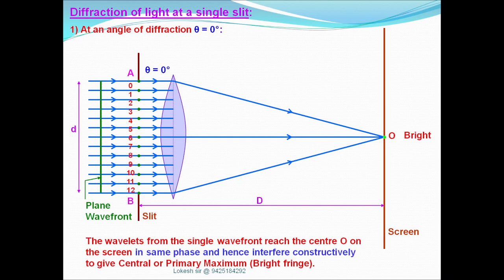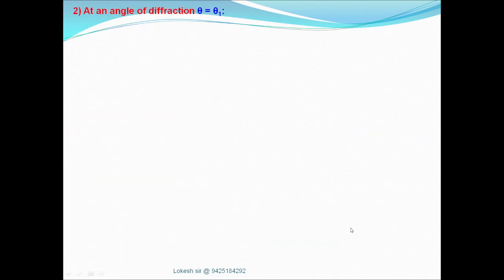So in a single wavefront there are too many wavelets. The wavelets from the single wavefront reach the center O on the screen in the same phase and hence interfere constructively to give the central or primary maximum. So this is called the central maximum or primary maximum, and you will have a bright fringe. Clear or not?